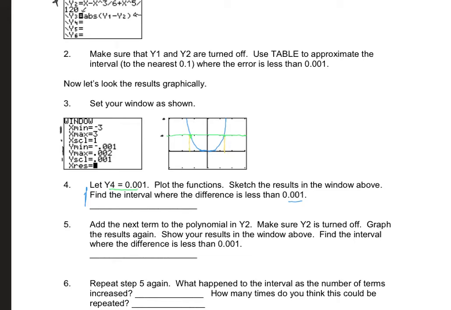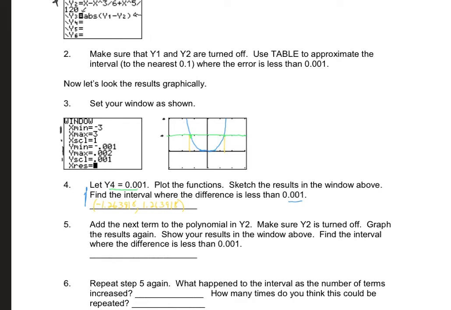When you do that, I believe you're going to get that the difference is less than 0.001 on the interval from -1.263918 to +1.263918. That's pretty good accuracy on that interval.